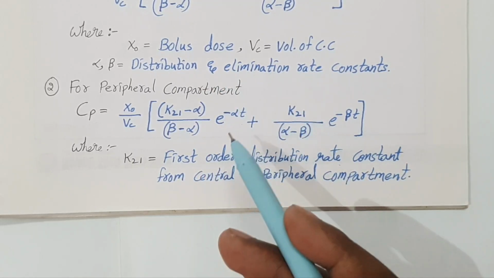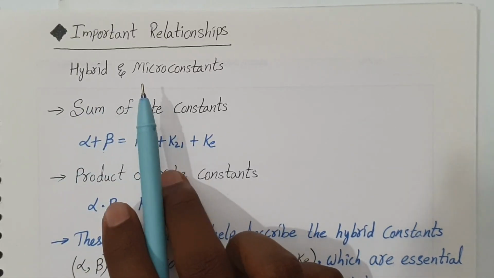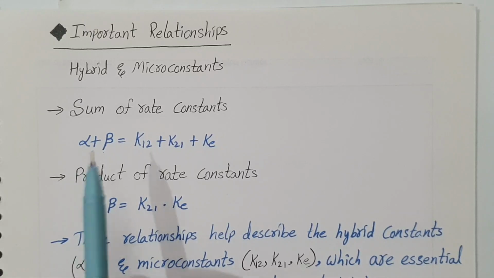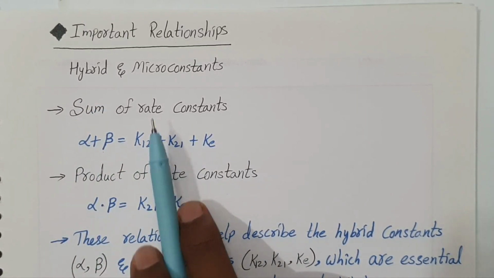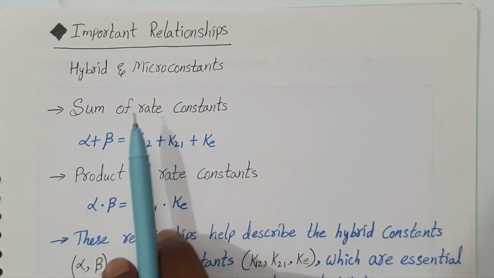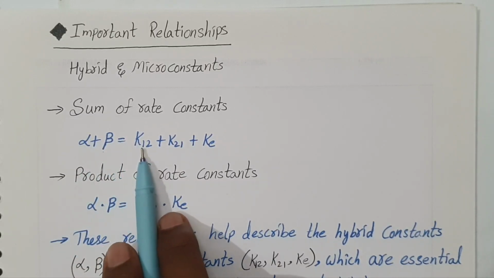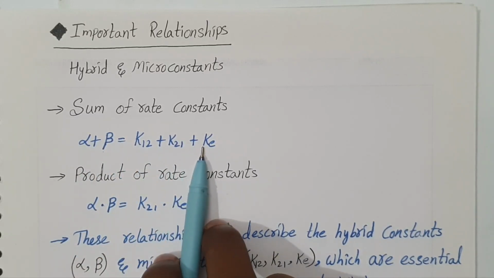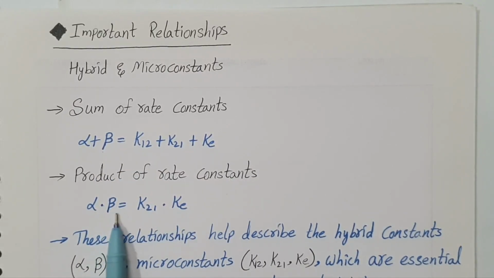Please remember these equations. Now we have to see some important relationships between hybrid and micro constants. Alpha and beta are the hybrid constants and the rest of these are micro constants. The sum of these rate constants, alpha plus beta, equals K12 plus K21 plus Ke, and the product of rate constants, alpha into beta, equals K21 into Ke.